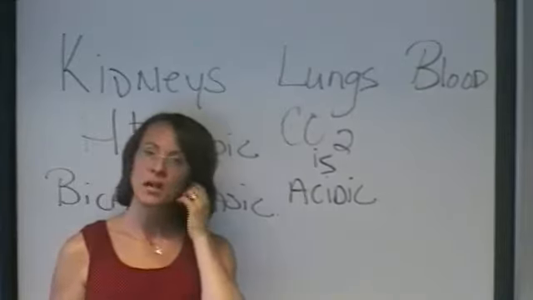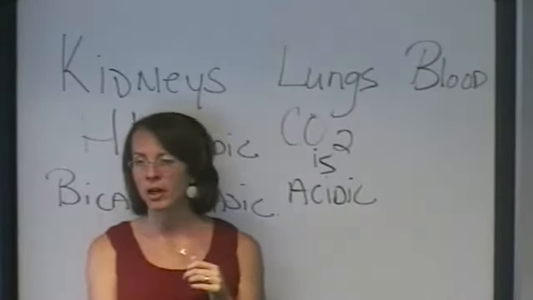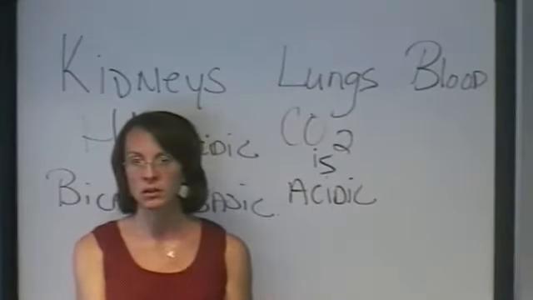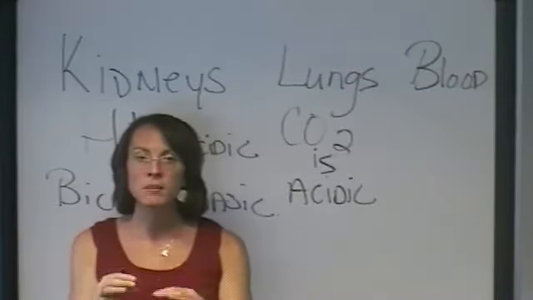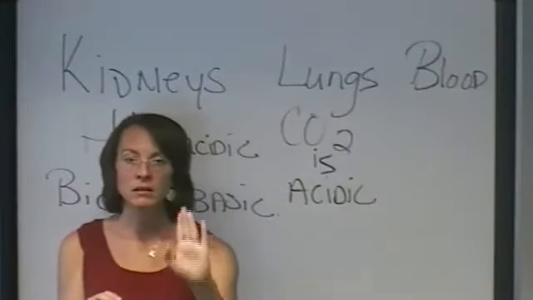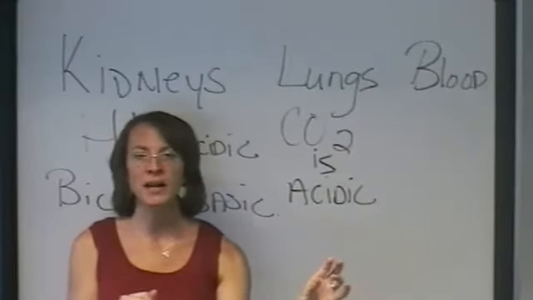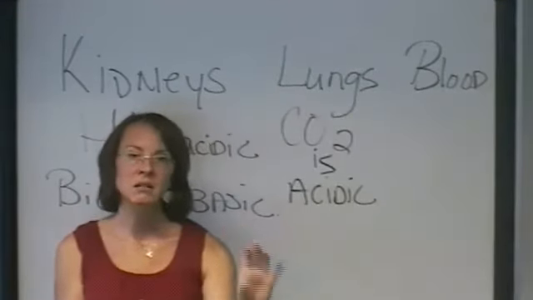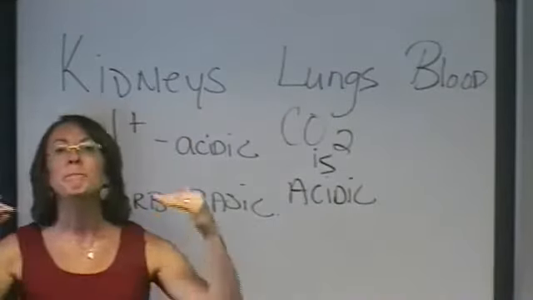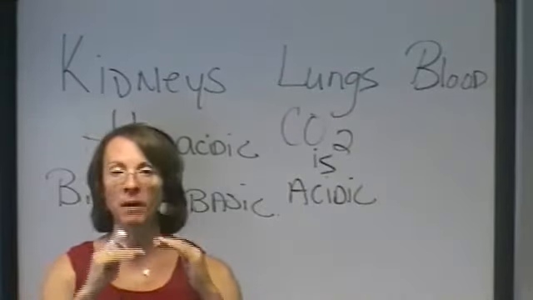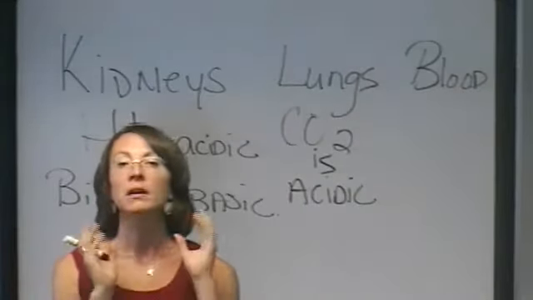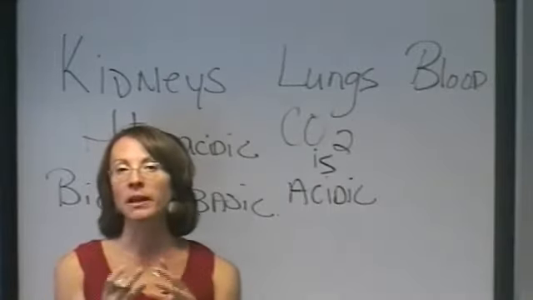And blood. The blood buffer I'm going to talk about in the notes because we need to look at this. So buffer systems include kidneys, lungs, and blood. If the pH changes too much in our body, we'll use the kidneys, the lungs, and the blood to help balance that pH with these buffer systems. If you don't get this, come see me or send me an email.